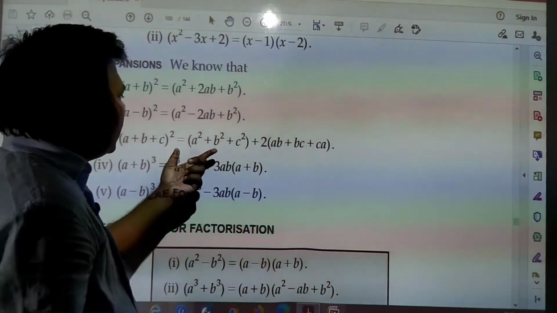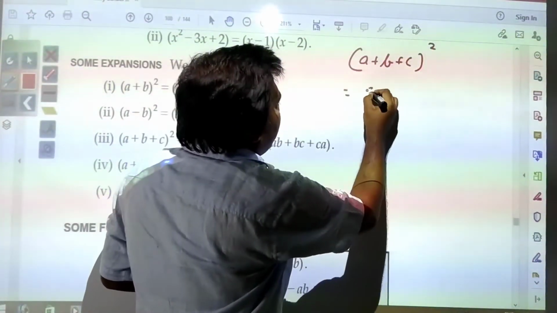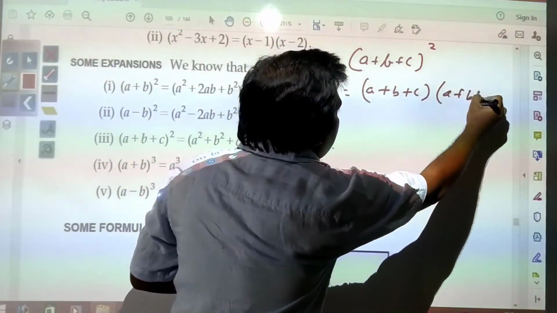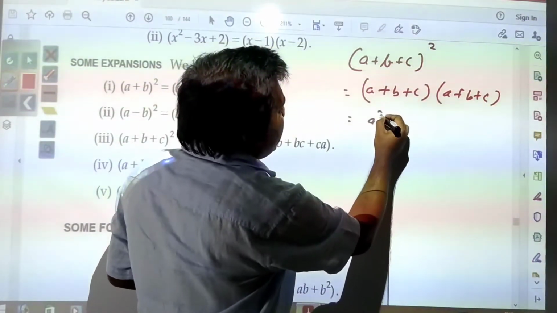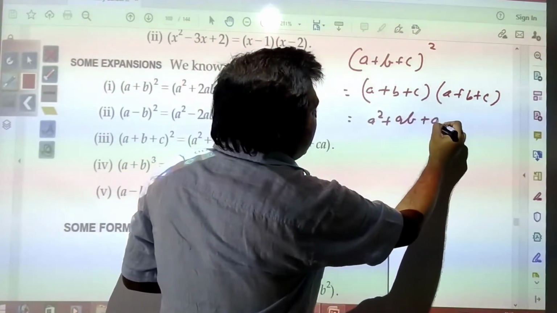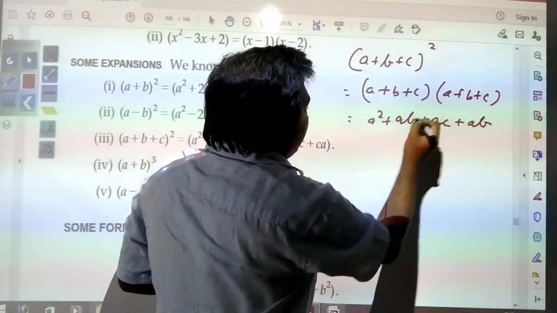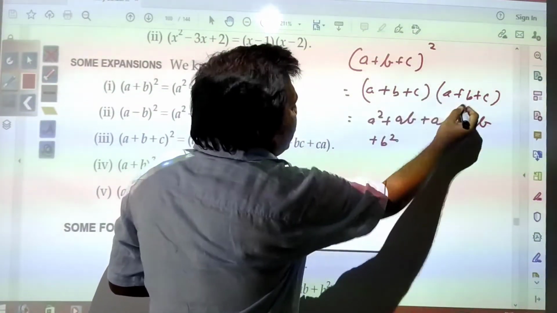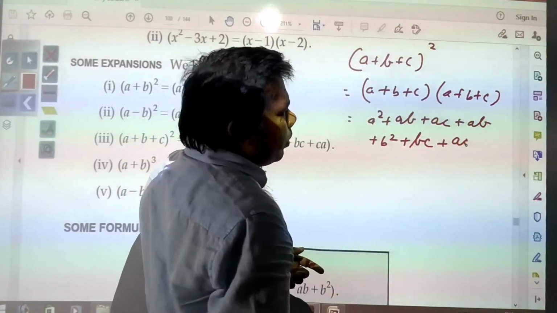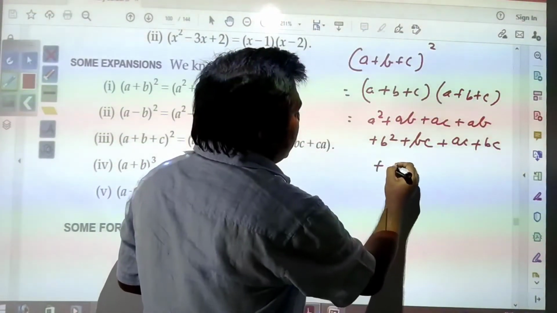You can write (a + b + c) into (a + b + c). Multiply: a into a, a²; a into b, ab; a into c, ac; then b into a, again ab; b into b, b²; b into c, bc; c into a, ac or ca, whatever you write; then c into b, bc; and c into c, c².